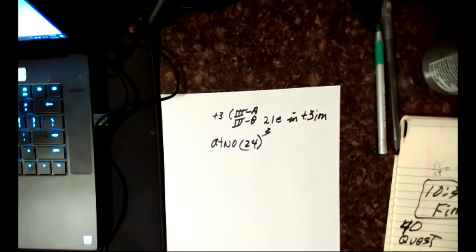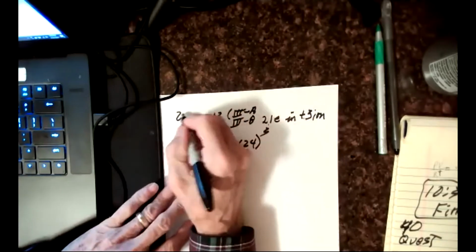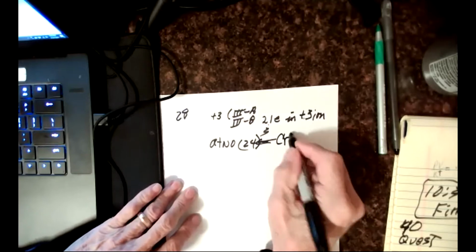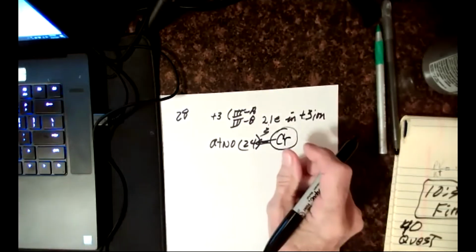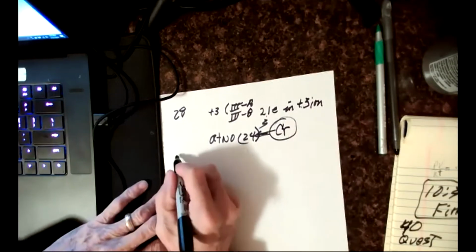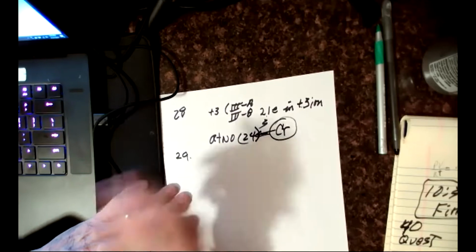Element number 24 is chromium. There you go. We got it. So that looked kind of bad going in, but it wasn't bad after all.